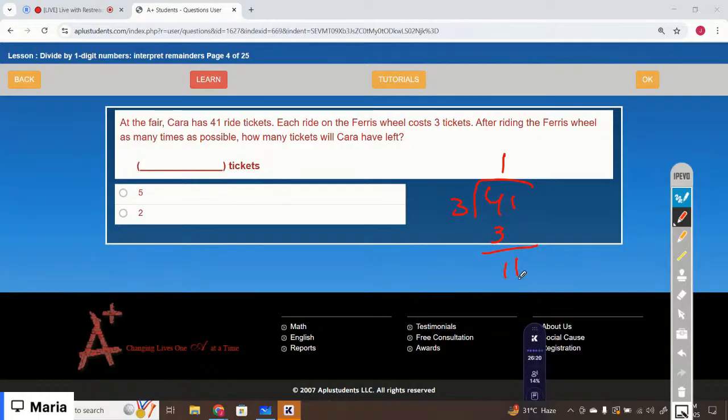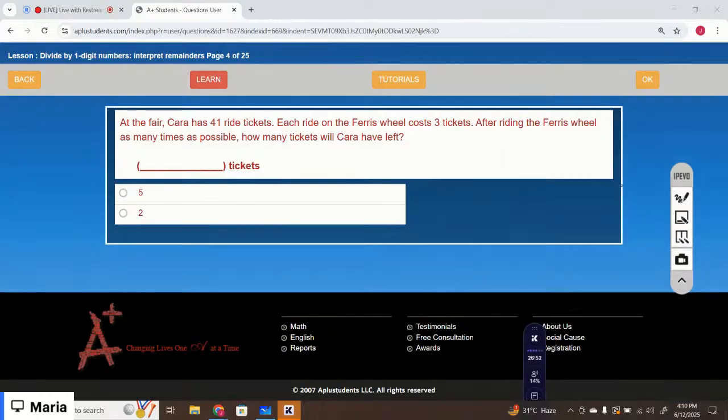So 4 take away 3 is 1. Now bring another digit down. So that is 3 times 3 is 9. 11 take away 9 is 2. So the correct option is option number two.